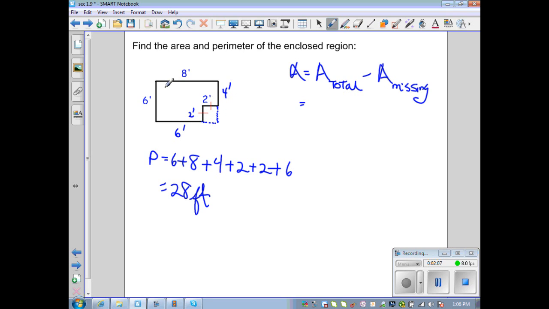Therefore, the area of the rectangle with nothing missing would be 6 times 4. I would subtract out the area of this missing square. That is going to be a base and a height of 2 by 2. And then I would simplify. 24 minus 4 would give me an area of 20 feet squared.